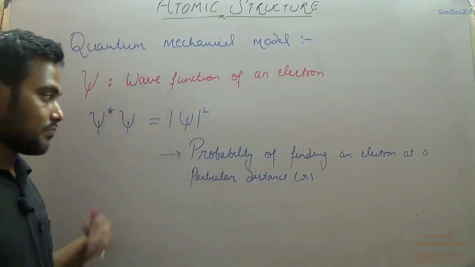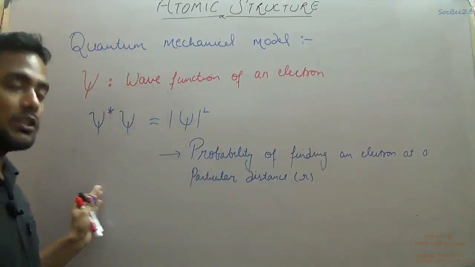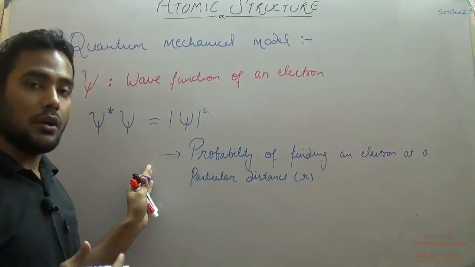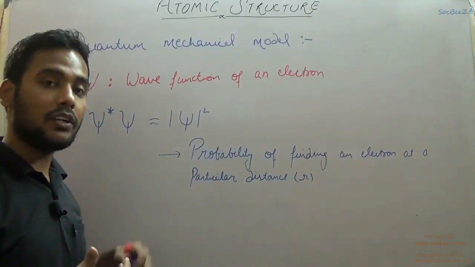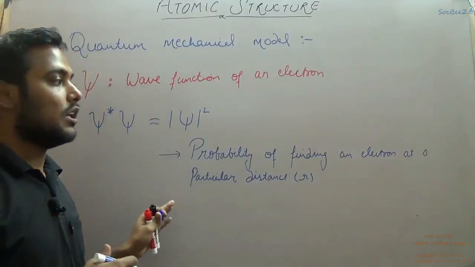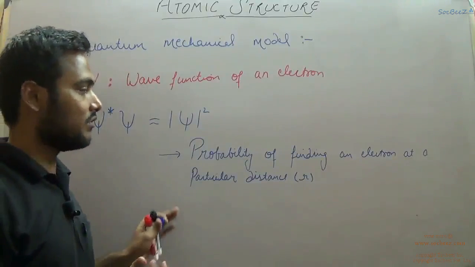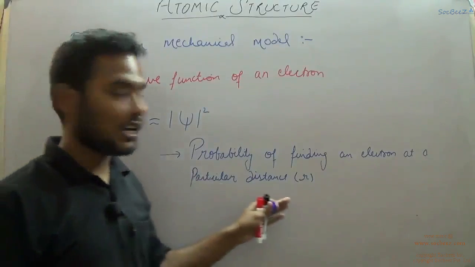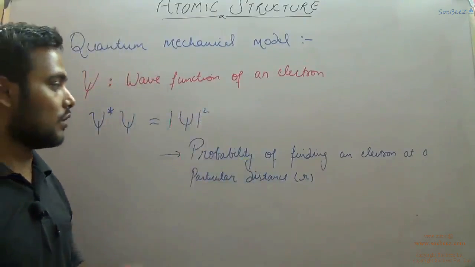Remember, in 2013 itself, a question was asked that an equation was given in psi, and it was asked at what position the probability of finding an electron will be 0. Okay, so in that case the equation must be solved, and we needed to find the value of r at which the psi will be 0. Since psi will be 0, it means psi square will also be 0.